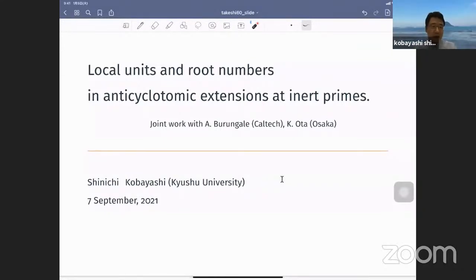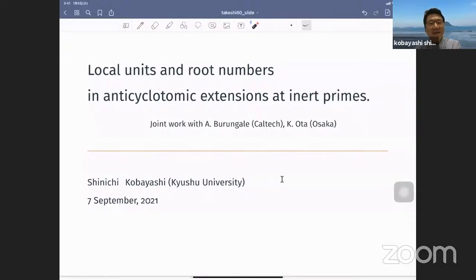Thank you. First of all, I would like to thank the organizers for giving me the opportunity to talk in this great conference. I was a student of Takeshi almost 20 years ago. In the master course, I studied local root numbers of elliptic curves, influenced by Takeshi.